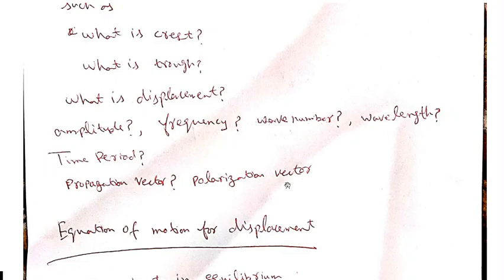Now, what is the propagation vector? This is a vector which specifies the direction in which a wave travels. This vector gives the direction in which your wave will travel, and this is called the propagation vector. And what is the polarization vector?